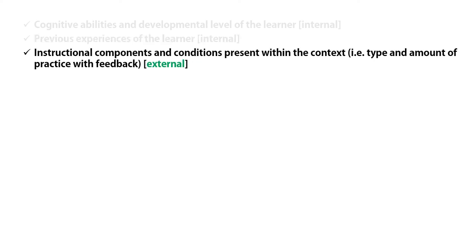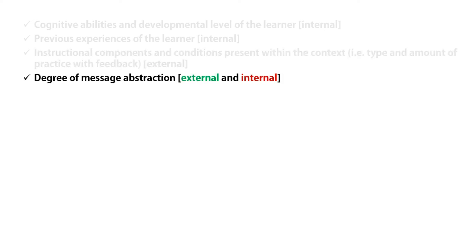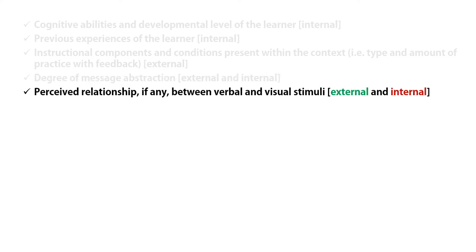The instructional components, obviously that's external to the learners. The degree of message abstraction, well, that can be external. You can do something about that as a designer, but of course that also depends on their cognitive abilities, their experiences, and how they can interpret the level of abstraction. But again, this is definitely something that you can control.